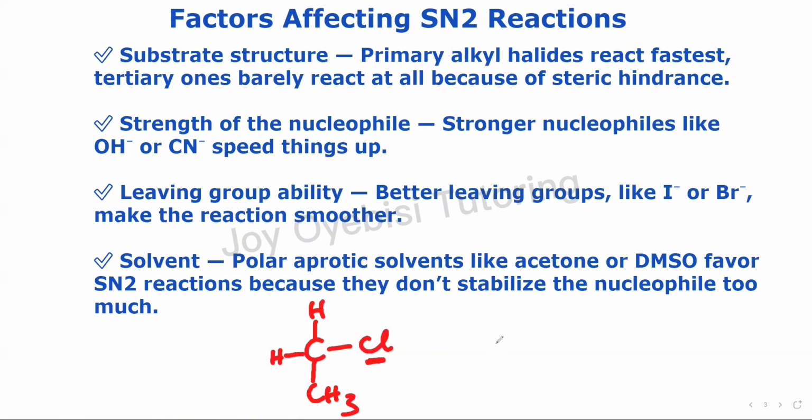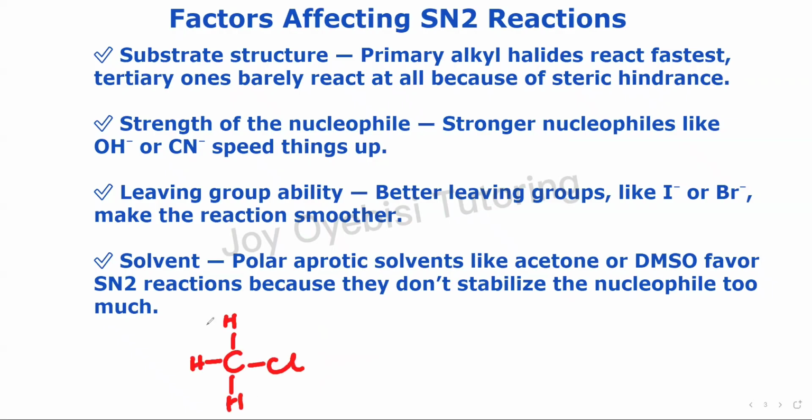We also have what we call the methyl, which is CH3Cl. So this is a methyl halide. Now, methyl halides react very fast. So they are faster than primary alkyl halides.